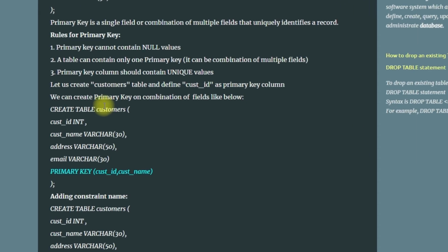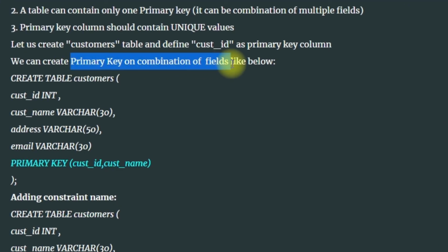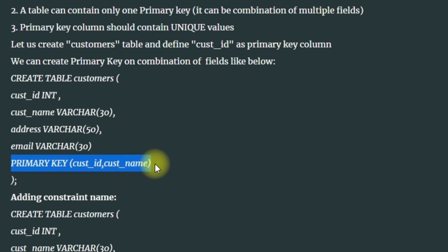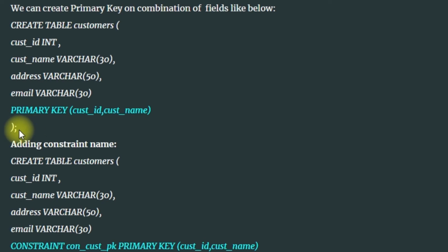Next we will see how to create a primary key on a combination of fields. We can define a primary key on two fields like this. Let me copy this code.